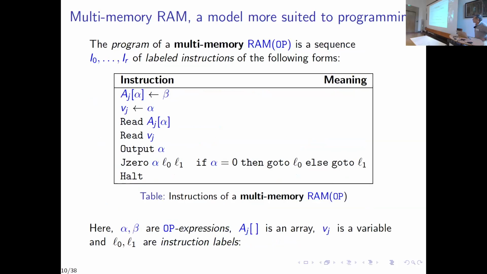So the program is, as you can guess, it's not surprising. You see it, and you say that this is a RAM with operation. You define your RAM with these operations, with a set of operations.